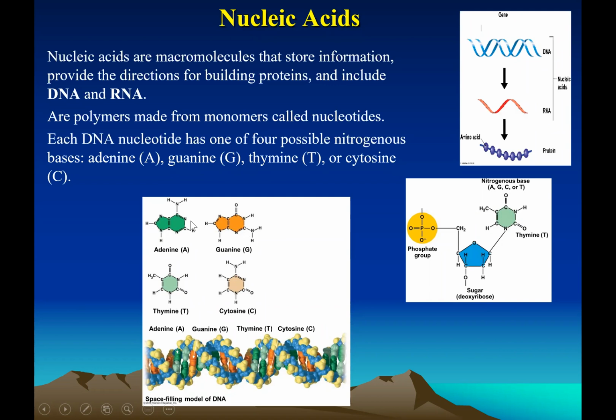Adenine will base pair with thymine. A will go with T. So these single ring structures are called pyrimidines, and the double ring structures are called purines. So A will go with T, G will base pair with cytosine. So there are 2 hydrogen bonds here, and 3 bonds here.